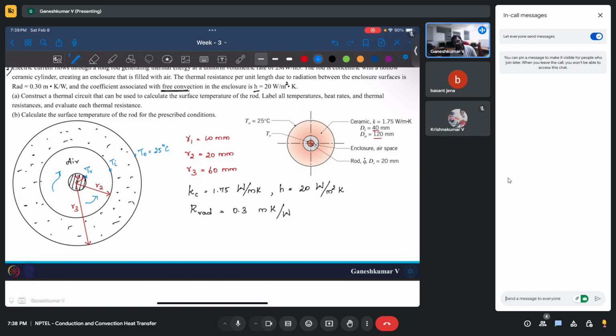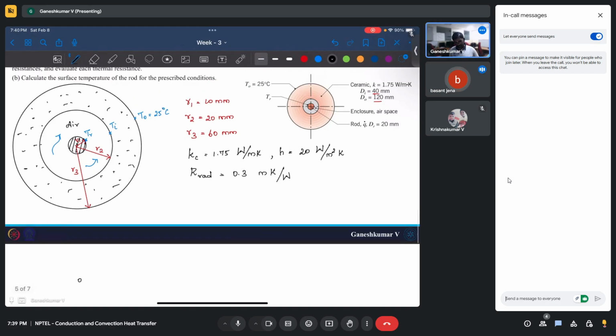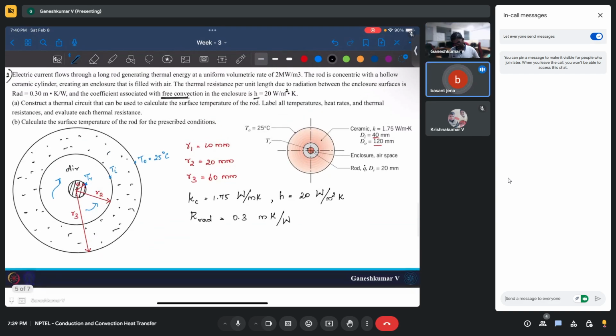Now, what will be the thermal resistance? Basically along R you need to draw. What are the resistances you will have? First, conduction inside the metal wire. Which temperature is given?